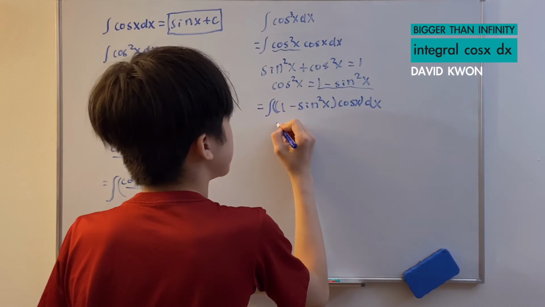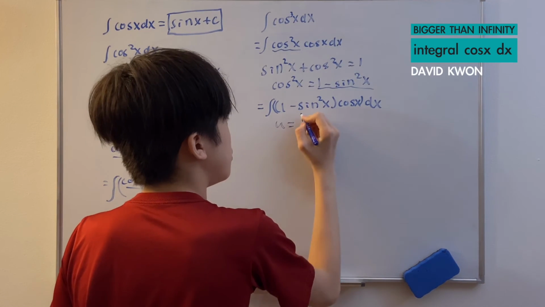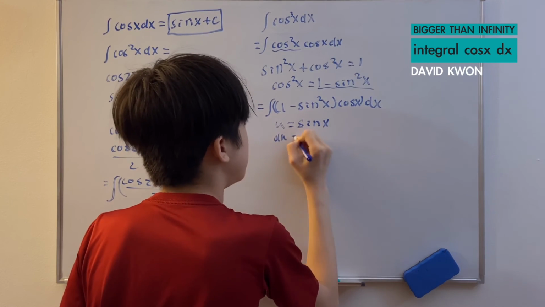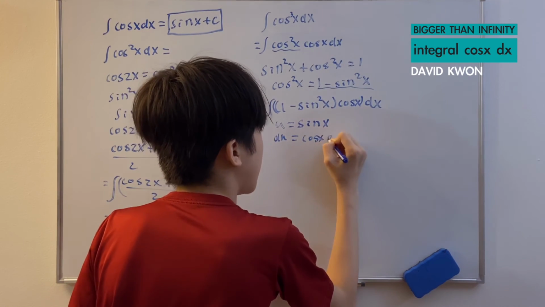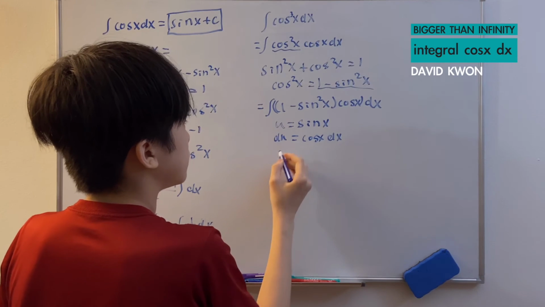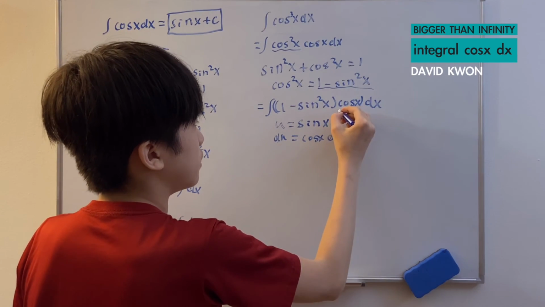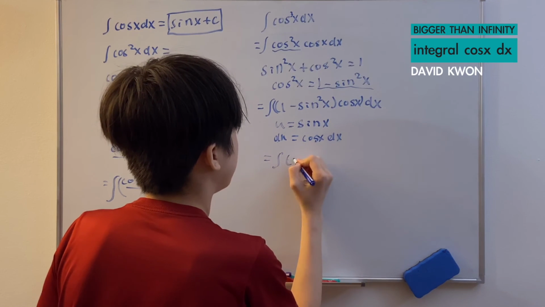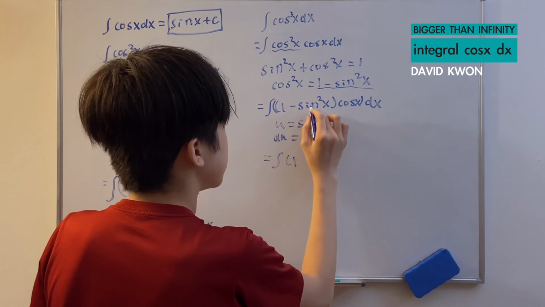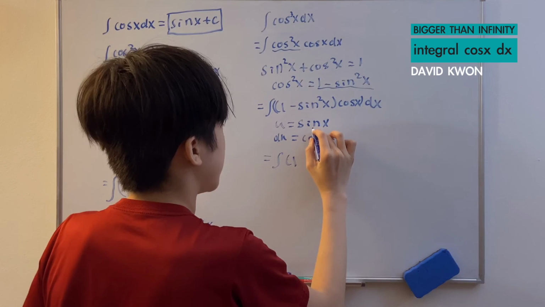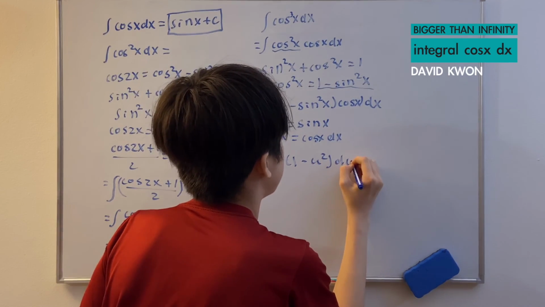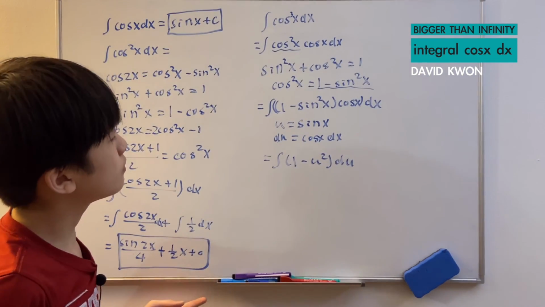From here on, I will use the u-substitution rule, where I set u equal to sine x. So du is equal to cosine x dx. So du cancels off cosine x times dx. So we have the integral of 1 minus sine squared x, but u is equal to sine x, so we have 1 minus u squared du.